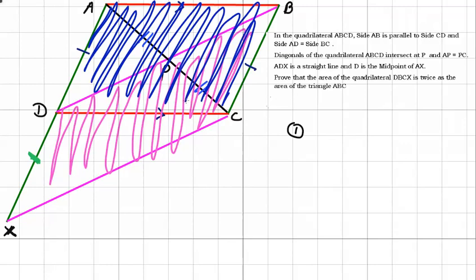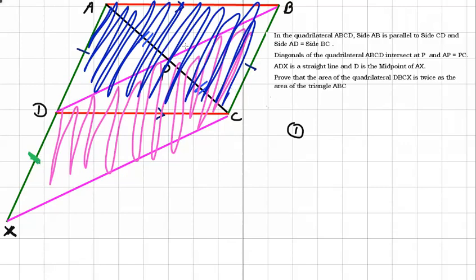And not only that, I can also say that both the parallelograms are between the same pair of parallel lines, that is BC and AX. See, BC is the floor, the ground, and AX is the roof for both the shapes.